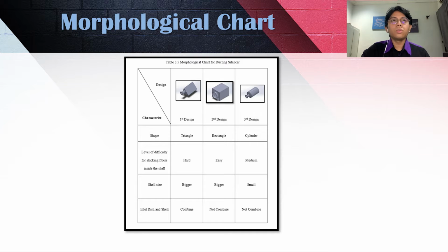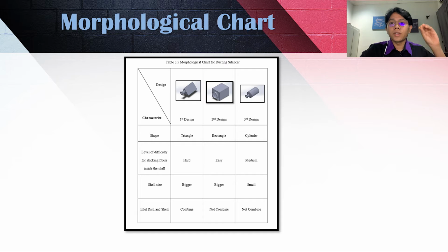And then we go to the morphological chart. This is the design that has been designed, and each has its own characteristics. Okay, the first design is a triangle shape, and the level of difficulty of stacking fiber inside the shell is hard. The shell size is bigger, and the inlet and shell are combined and cannot be opened.